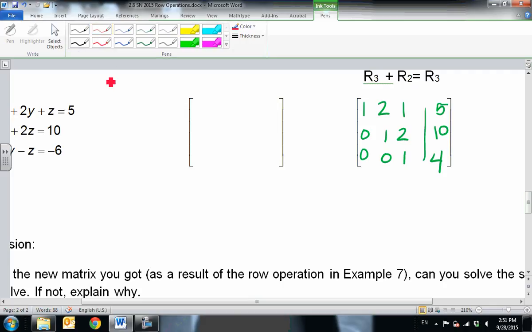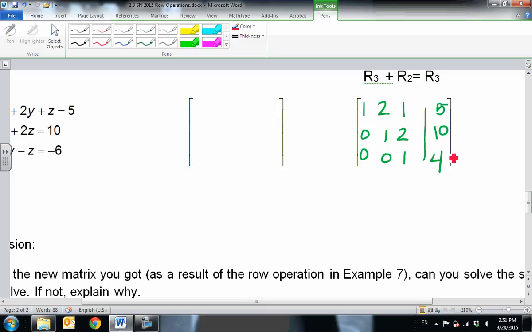Okay, so the question at the bottom says, are you able to now solve this system? This original system over here at the front of the page. x plus 2y plus z equals 5, all that. So I hear a yes. Where is it coming from? Yes. Why? Yeah.